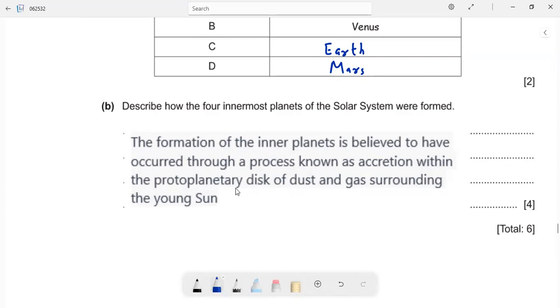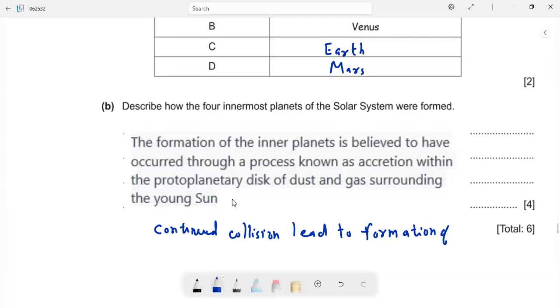There was a protoplanetary disk of dust and gas surrounding the Sun, and this helped in the formation of the innermost planets.